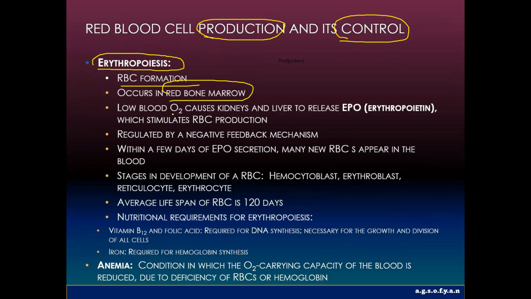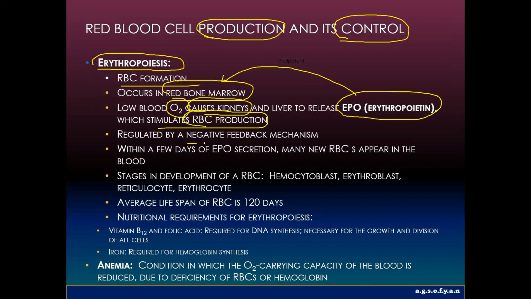So when our tissue senses that our oxygen level is down, then the kidney will produce a hormone called EPO, erythropoietin. Erythropoietin will go to the red bone marrow. It will stimulate production of red blood cells in the red bone marrow.